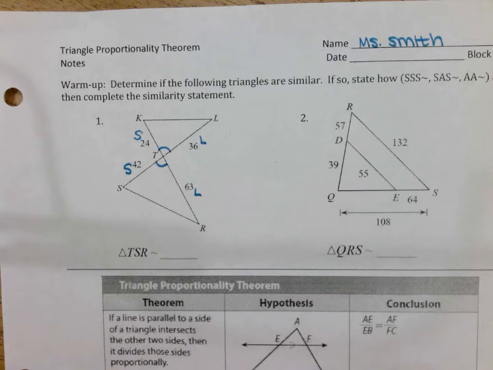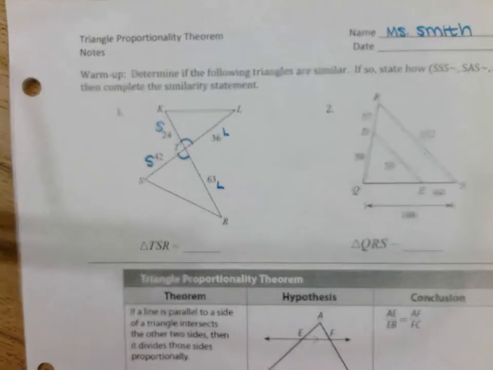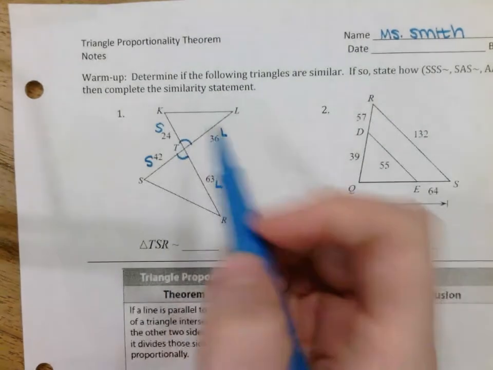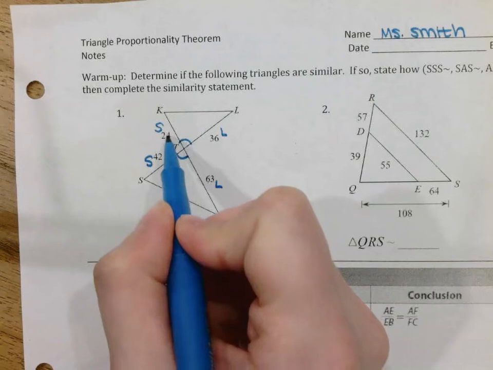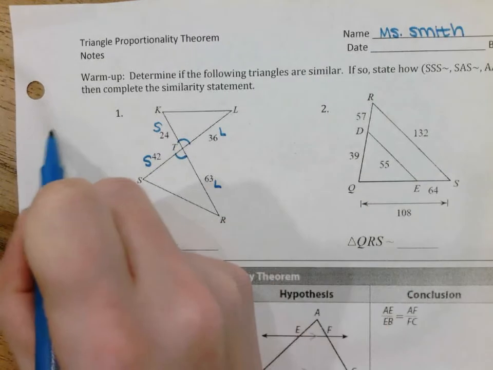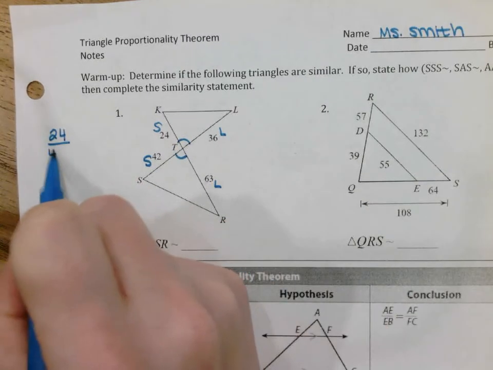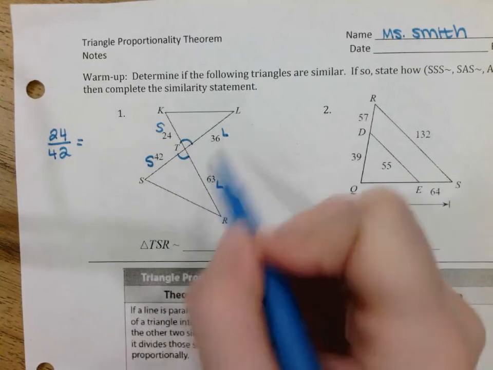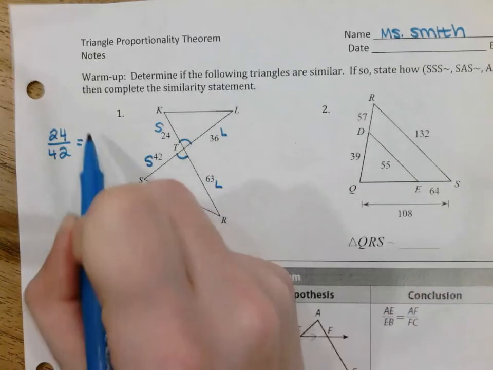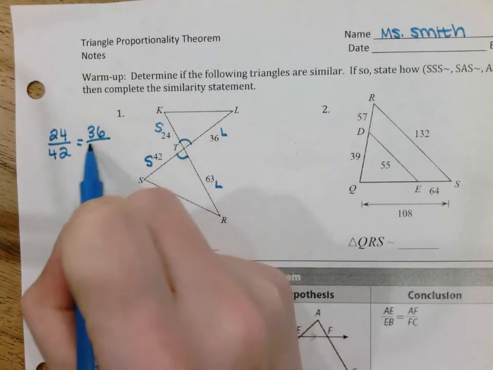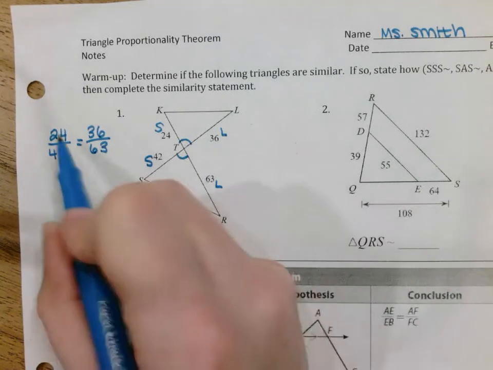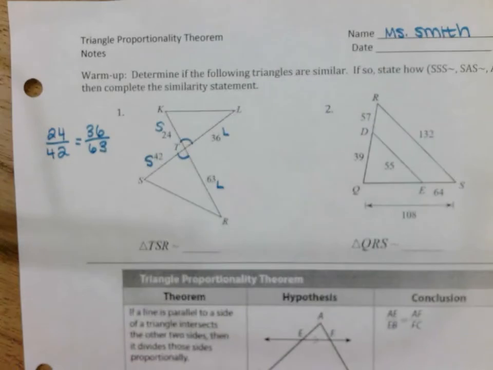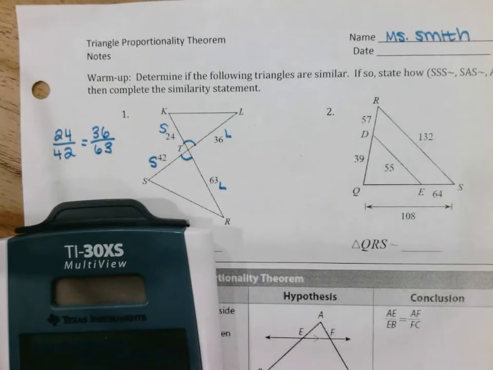Okay, so I'm going to do small over small and large over large. And I have to start with the same triangle. So if I do 24 over 42, I have to come back and do 36 over 63. Okay, and I'm just going to put these in the calculator and see if they give me the same value.